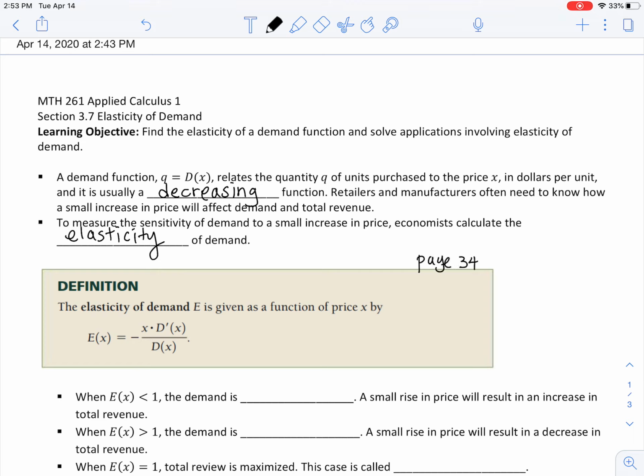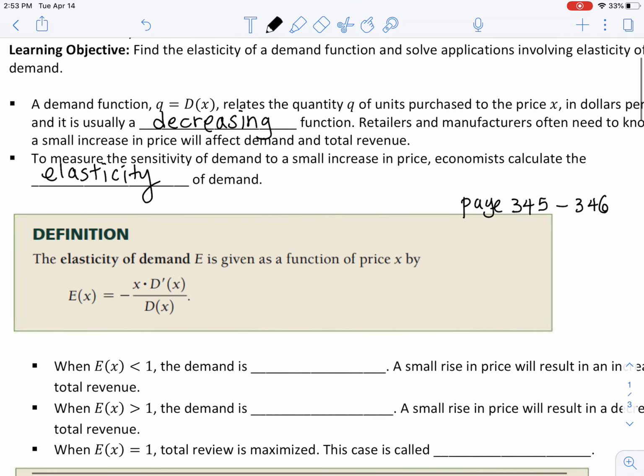If you look at pages 345 to 346, you will see how we really use limits and everything. You'll be able to follow along how they came up with this elasticity of demand function that we're about to use together.